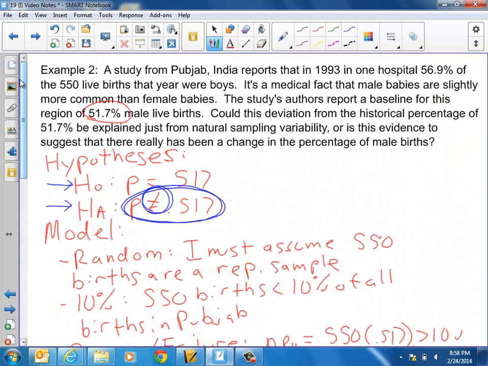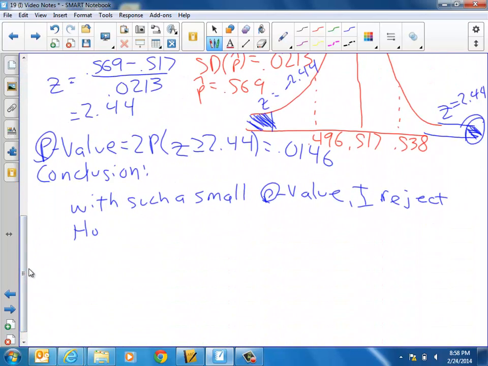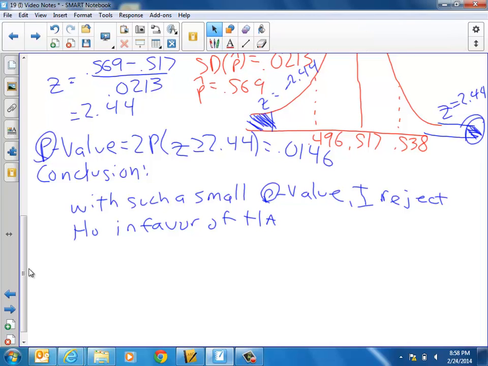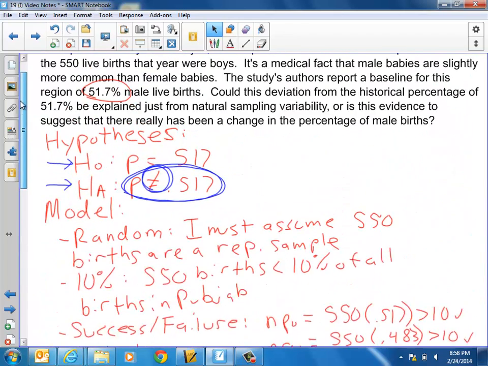That's the defendant's argument that the true percentage of male births in the region is still 51.7%. In favor of the alternative hypothesis that 51.7% male births in Punjab, India is now no longer the case.